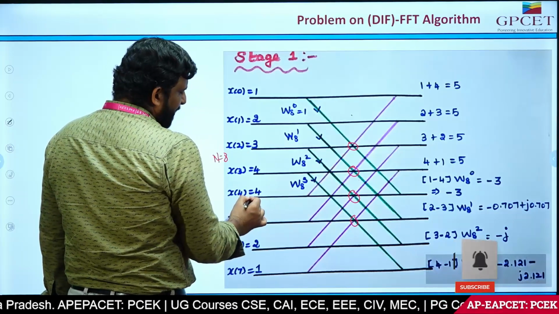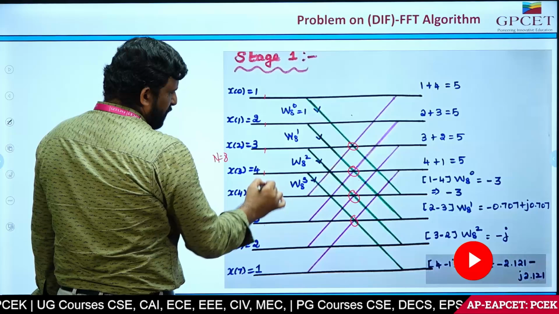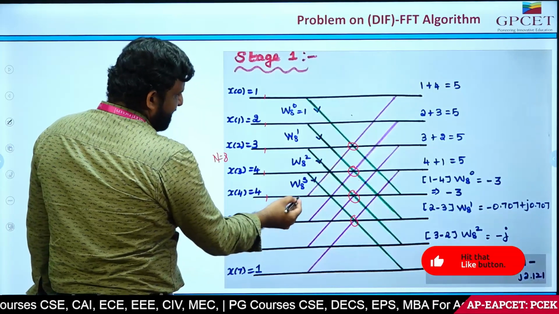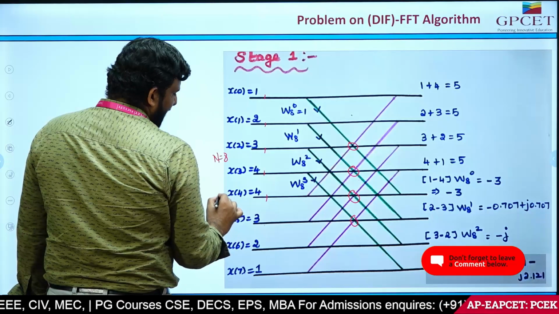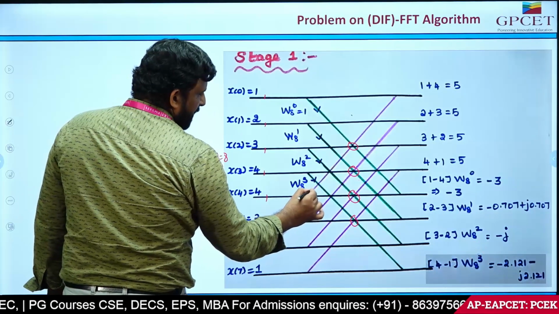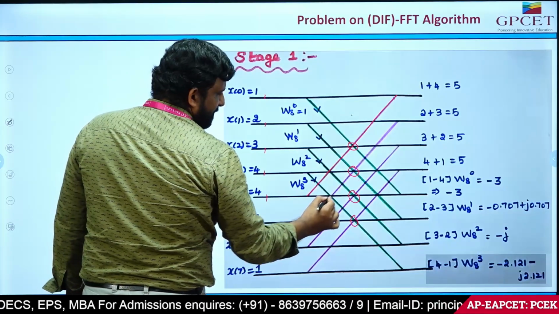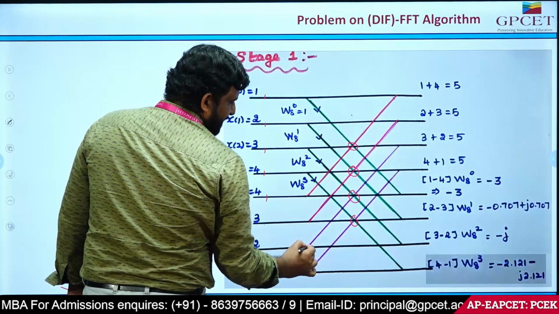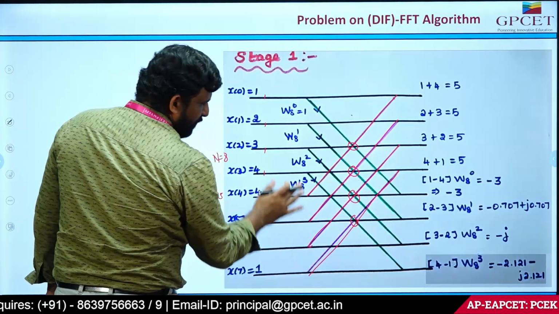Just observe the coloring of this particular, where I am starting. First, start from x is equal to 4. That is 1, 2, 3, 4, 5. See here, where I am starting, that is x of 4. At the fifth line, I am starting. I have drawn the fifth line, upside, sixth line, seventh line, and eighth line. Okay, four lines.